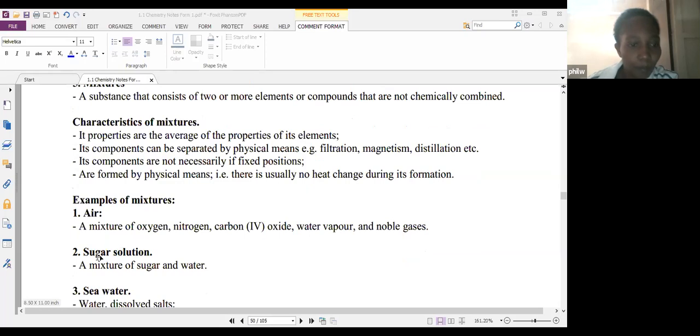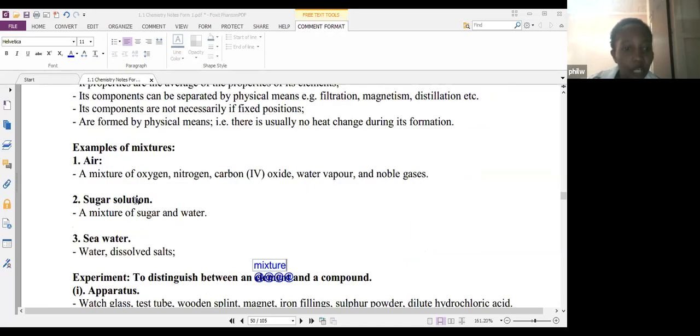Another example is sugar solution. It is a mixture of sugar and water. And I think there's someone who had asked about water and juice. It will fall under the category of mixtures because these are two substances that are combined. Seawater is also a mixture. This mixture is made up of water and dissolved salt.